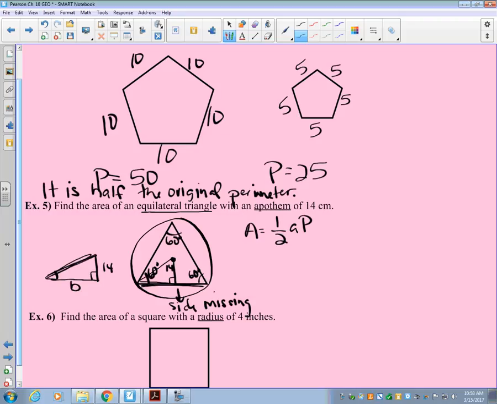But I want you to see that it cuts the 60 degrees in half. So what kind of triangle do we have? A 30, 60, 90. We know our short side is 14. 14 times square root 3. So this is going to be 14 root 3 for half of our missing side.